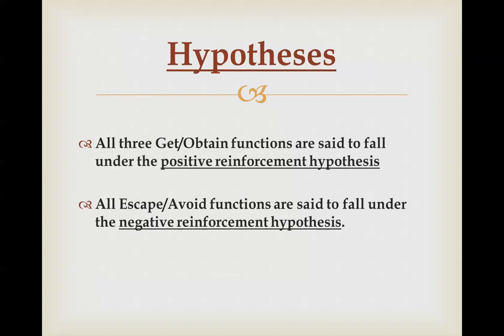I have the function, the purpose of the behavior that I infer from the A, the B, and the C, the antecedent, the behavior, and the consequence. And then I have which hypothesis the function falls under. So I have three distinct concepts: consequences, functions, and hypotheses at the end of the behavioral pathway.